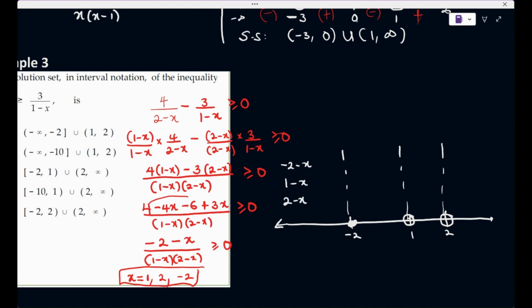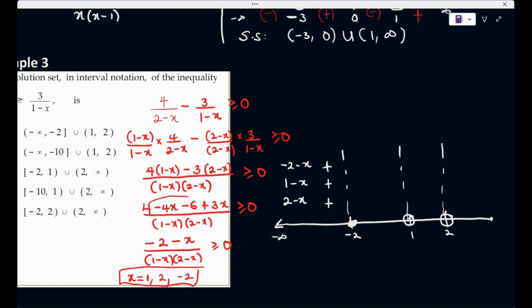So what's our test point? From minus infinity to minus 2, we can take minus 3. If you substitute minus 3 here, minus 2 plus 3 is going to be a positive number. Then 1 minus, this becomes positive. Then 2 minus, this also becomes positive.